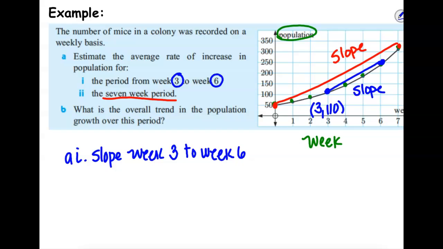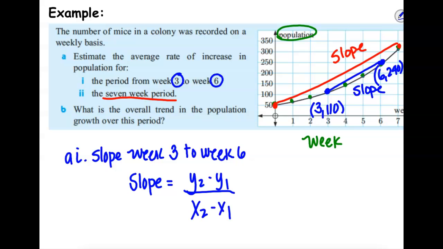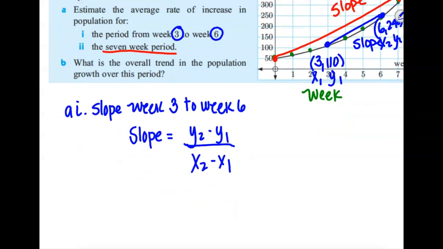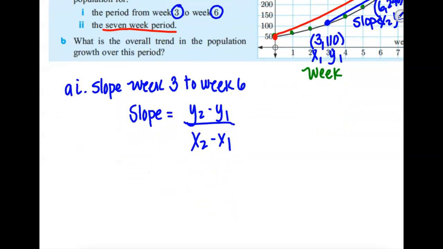And then on week 6, we'll say it's about 240 mice. So to find the slope, it's your change in y over your change in x. So we're going to let this be x sub 1 and y sub 1, and this be x sub 2 and y sub 2. And we'll substitute into that formula.